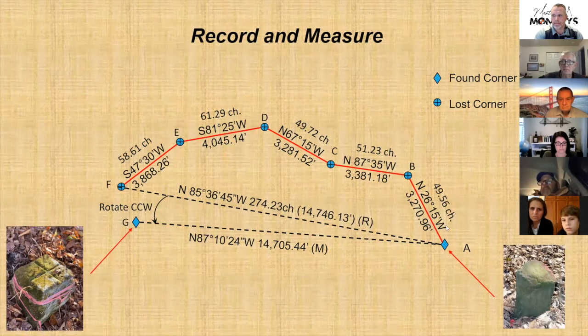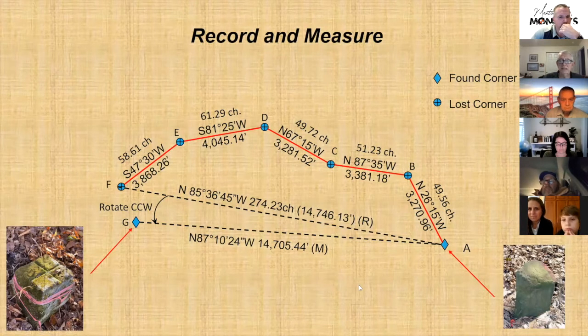If you take a look at the bearings along the record information here, the bearings were to the nearest minute. And actually, the argument can be made they're to the nearest 5 minutes because they're all multiples of 5 along here. And we have the chains that they measured. Now, down here, I converted chains to feet. And that's what we have here.